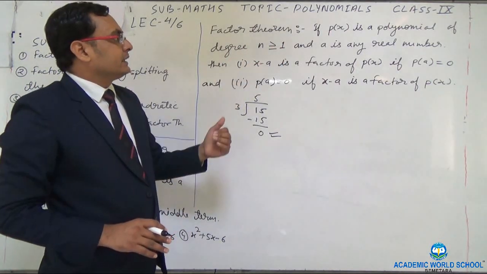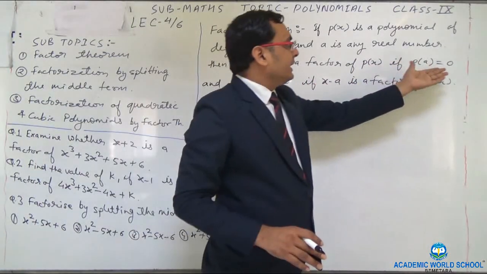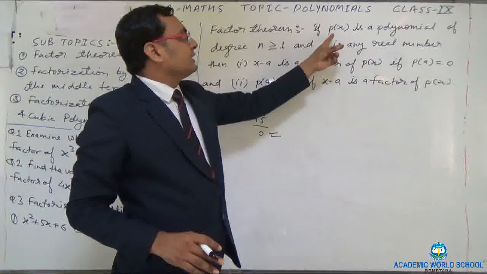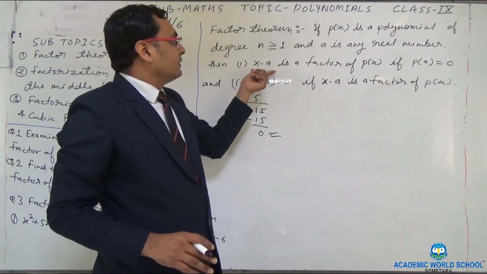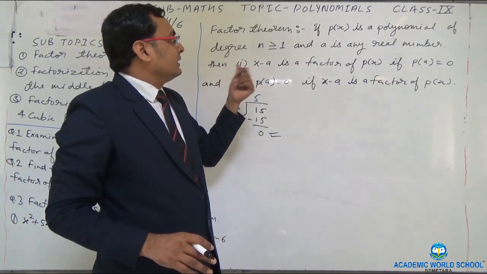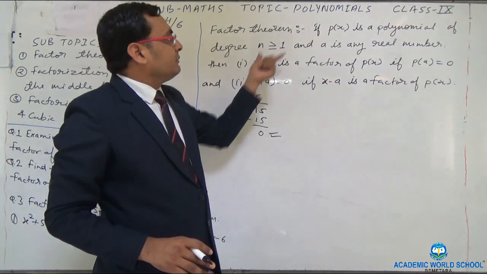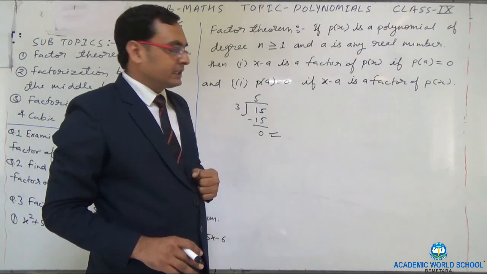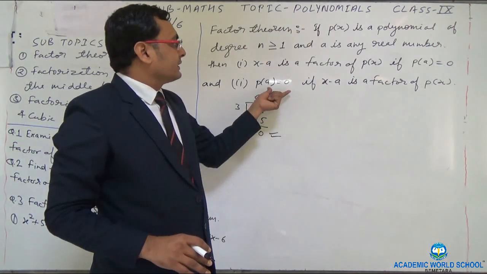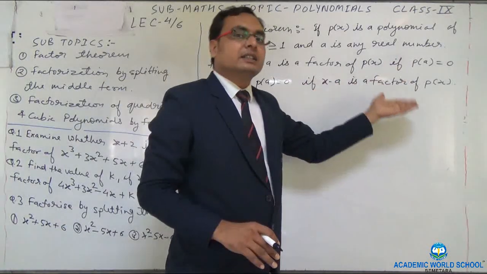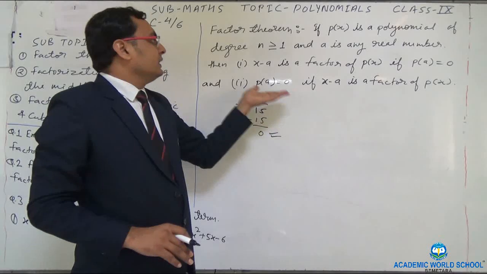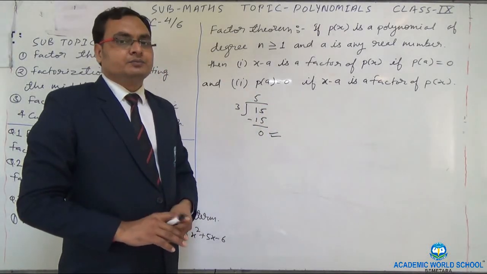It says that if the remainder p(a) is equal to 0 on dividing this polynomial p(x) by a linear factor x minus a, then x minus a will be a factor of the polynomial p(x). And its reverse, if x minus a is a factor, we are already given that this is a factor, then the remainder will be 0.